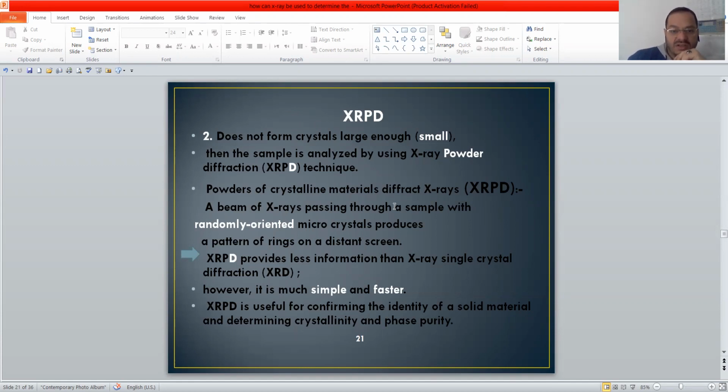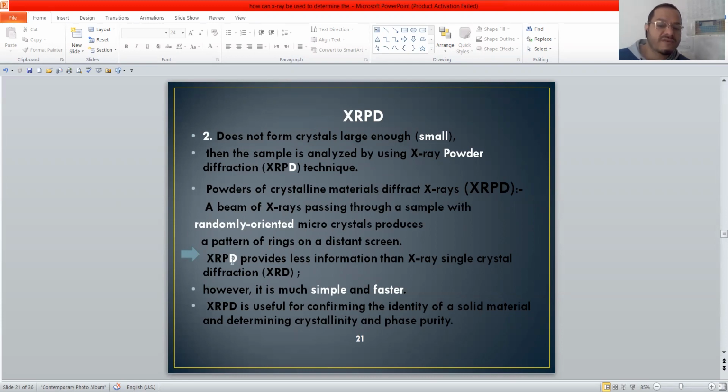Powder of crystalline material diffracts X-rays: a beam of X-rays passing through a sample with randomly oriented microcrystals produces a pattern of rings on a distant screen. What that means is important. X-ray powder diffraction can be used with higher benefit than normal X-ray diffraction.